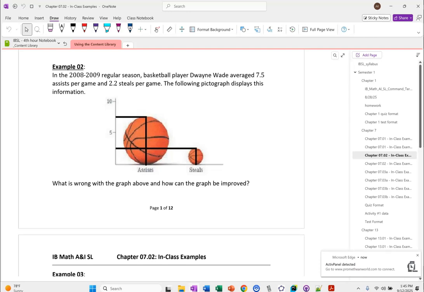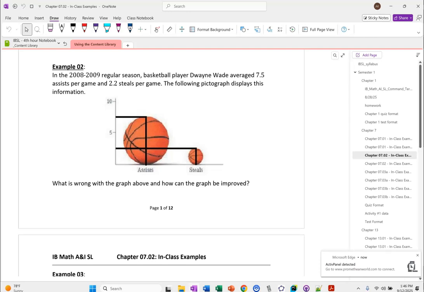Yeah, Quinn, what are... The size of the picture is really just sized up. That makes the graph harder to read. Well, here's the issue, right? How much bigger is 7.5 than 2.2? About 3, right? That's more than 3 times bigger. Look at the basketball. Is the assist basketball way more than 3 times bigger? It's like 9 times bigger.